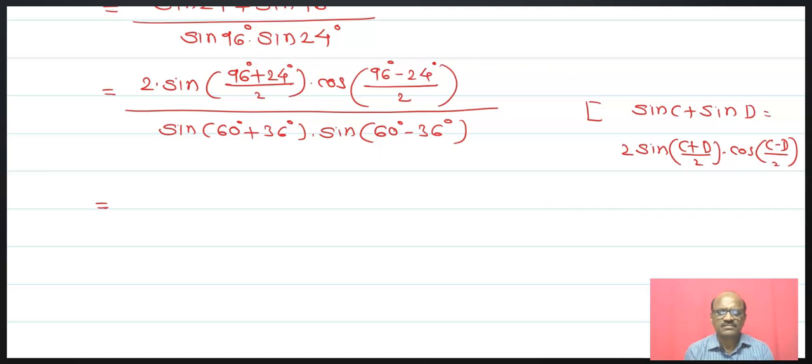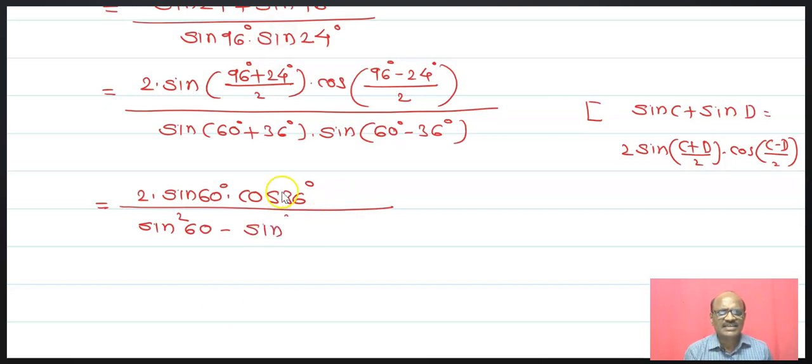Therefore you will get 2 sine of 96 plus 24, it is 120 upon 2, means what? Sine 60, and here 96 minus 24 is 72, and therefore divided by 2 it is 36.